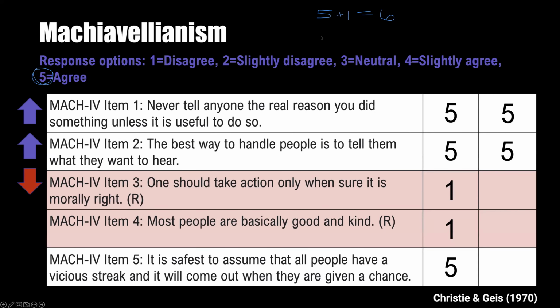And then you say, okay, I'm going to take 6 minus the score, and that's going to reverse it for me. So if I have a 1 here, I'm going to take my 6, minus 1 equals 5.